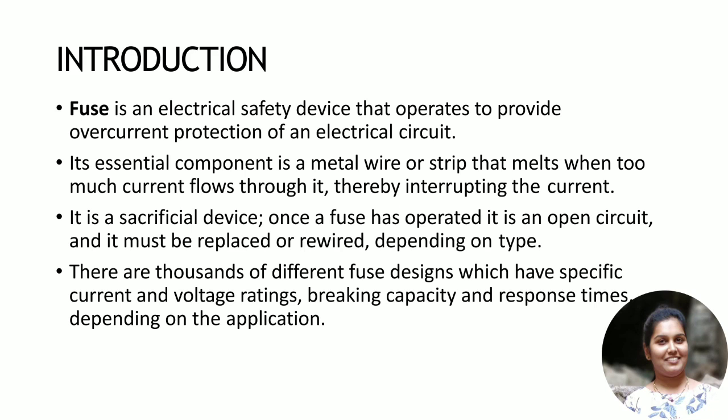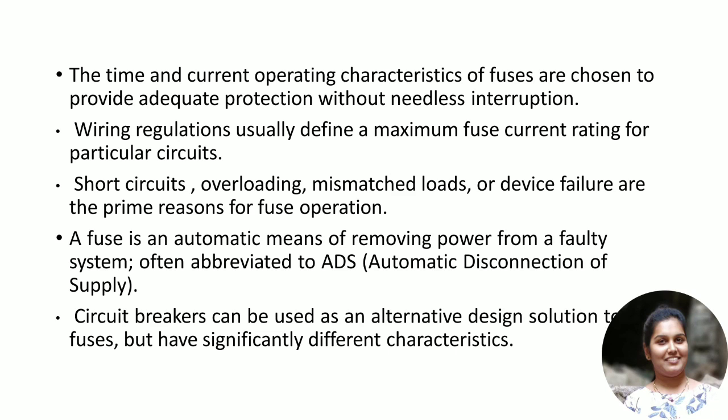So altogether, in a simple statement, fuse can be defined as an overcurrent protecting device. The time and current operating characteristics of a fuse are chosen to provide adequate protection without needless interruption. So this point should be kept in mind, that is, time and current operation should be taken according to the protection without any needless interruption.